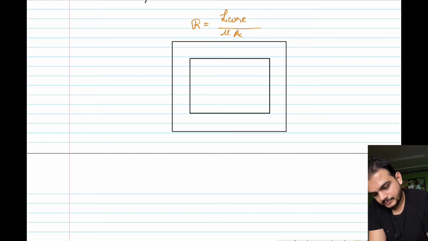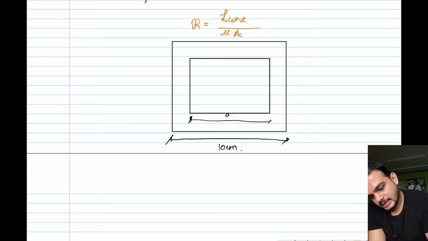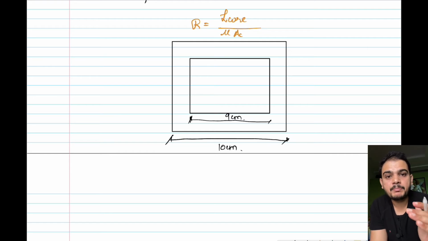Its outer length is 10 centimeter and inner length is 9 centimeter. Now for reluctance calculation, we need to select a mean length.